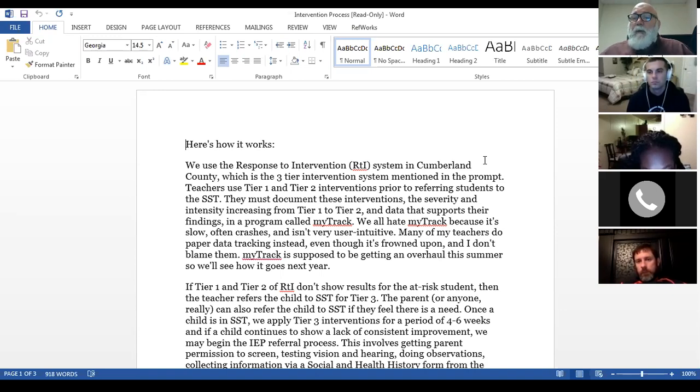Because, and this is very important, if you don't hear anything else tonight, hear this part. Your school intervention team, while it may have an EC person on it, they are not the person responsible. A school intervention team is what the state of North Carolina refers to as an SBC, or a school-based committee.